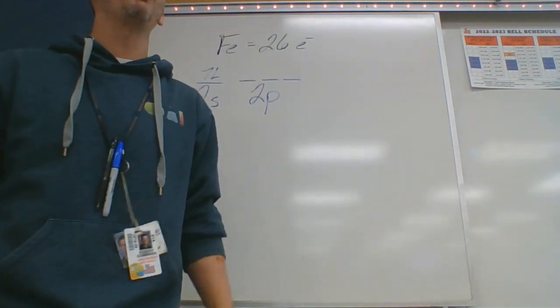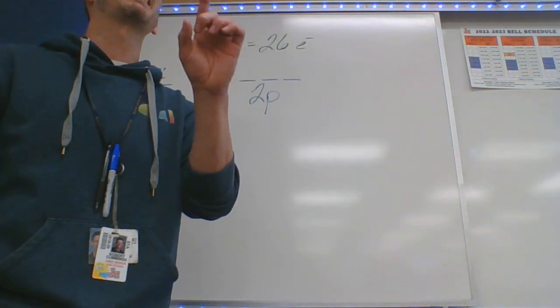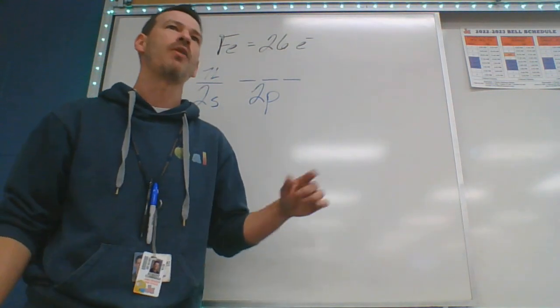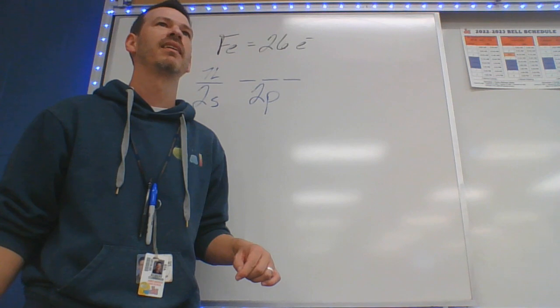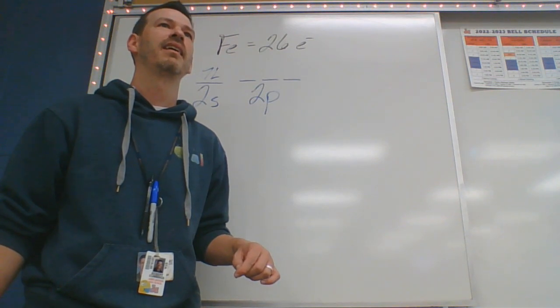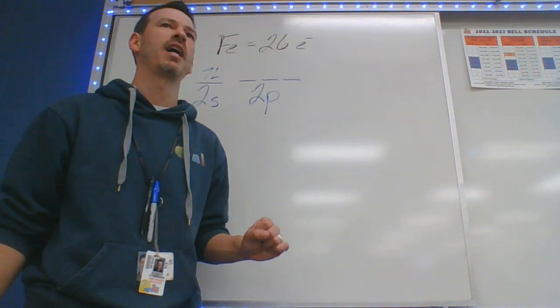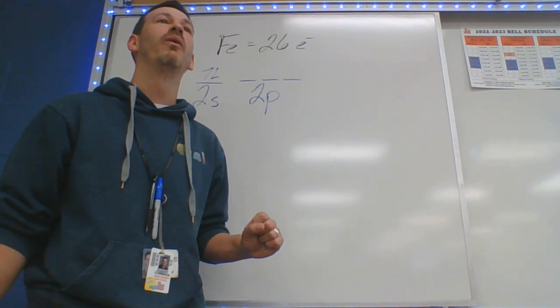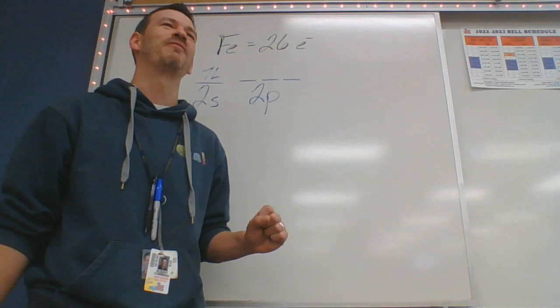Hey, cluster 4, can any of y'all tell me the scientist that said that we're going to fill these up, up, up instead of up, down, up, down? What's his name? I'm only talking to cluster 4. No, not Alpha. What? Still not, okay. We're down to the last one.